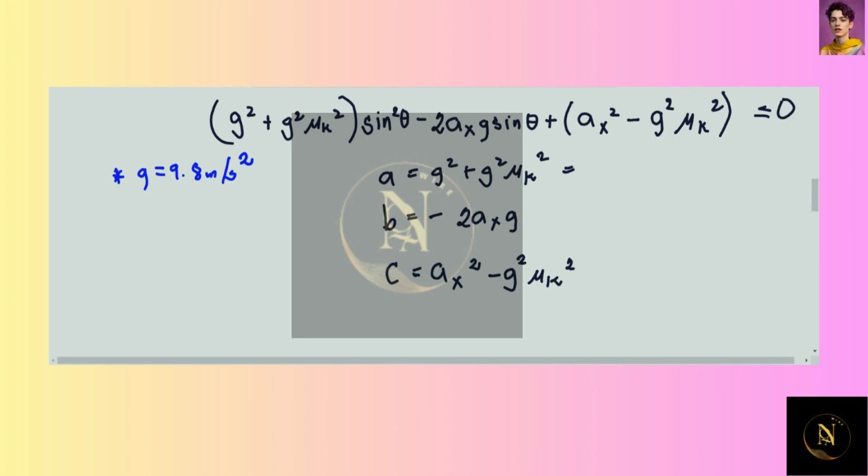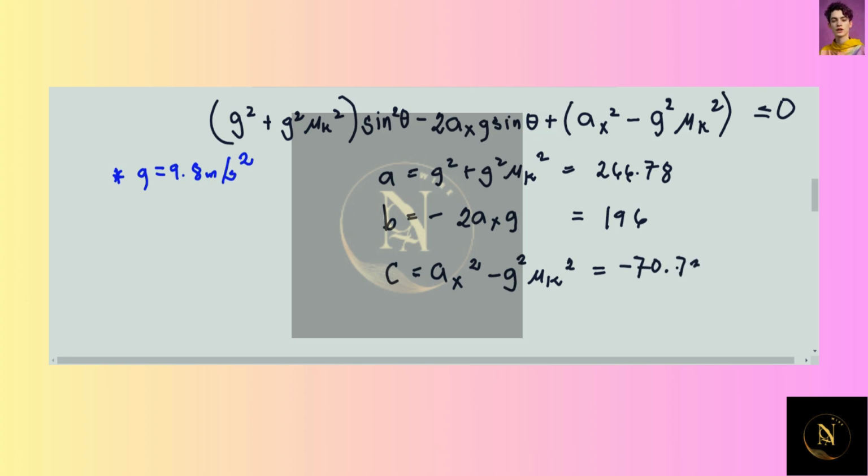So solving for A, we have the value of 266.78. For B, negative 2 multiplied by the acceleration, which is negative 10, multiplied again by the gravity, which is 9.8, the answer is 196. For C, negative 10 squared minus 9.8 squared multiplied by 4/3 squared, the answer is negative 70.73.